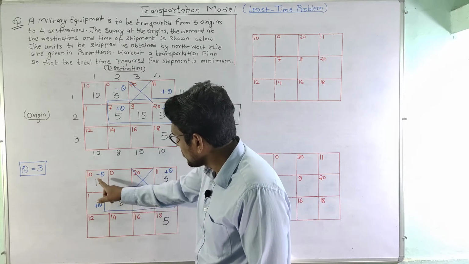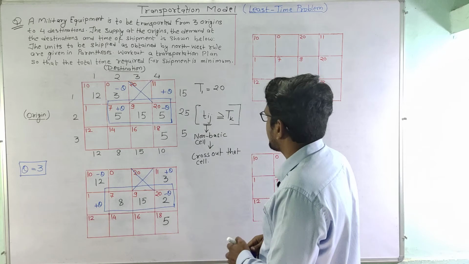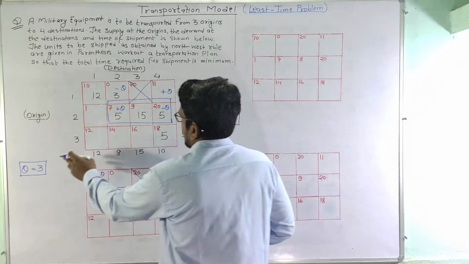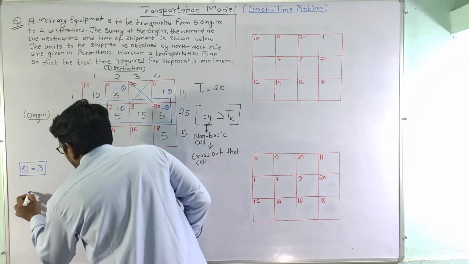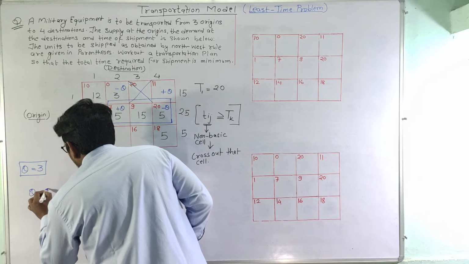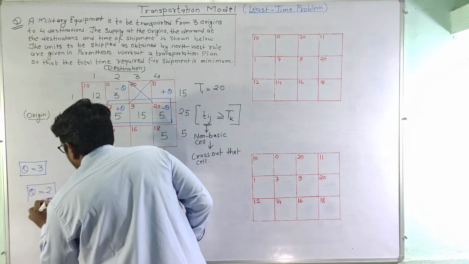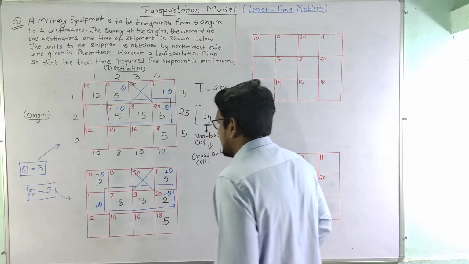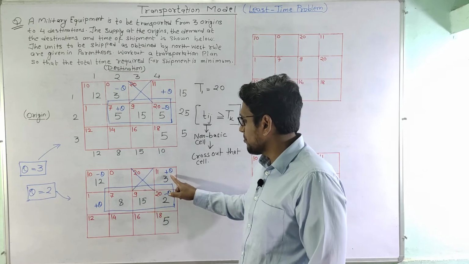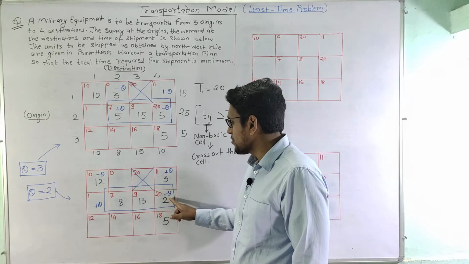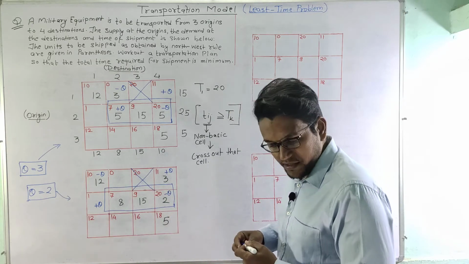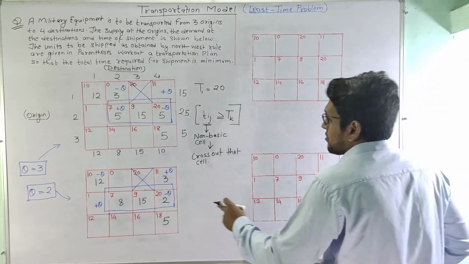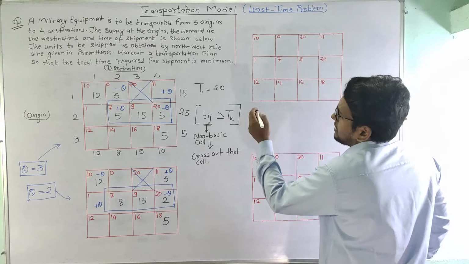So among these two we will put the value of theta as 2. So this one is for first iteration, and theta equal to 2 for second iteration. Okay, now we will put the value of theta equal to 2 here, and we will see how our problem changes. So this will be 12 minus 2 is 10.